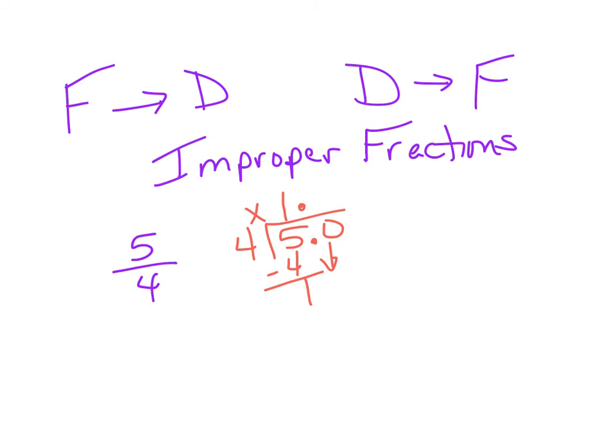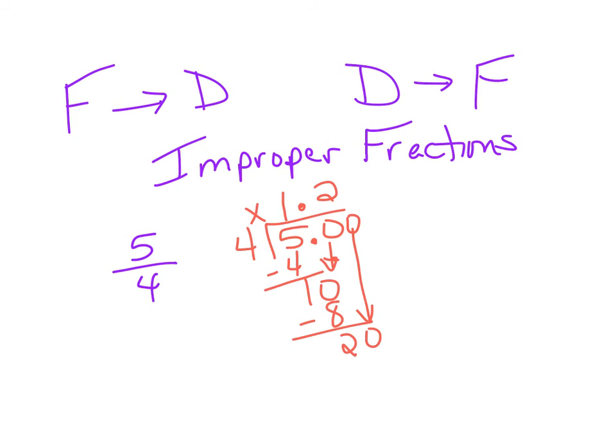So you're going to bring down a 0. So 4 into 10 is 2 times. 4 times 2 is 8. 10 minus 8 is 2. Add another 0, bring it down. And you could add as many zeros as you need in order to solve this.